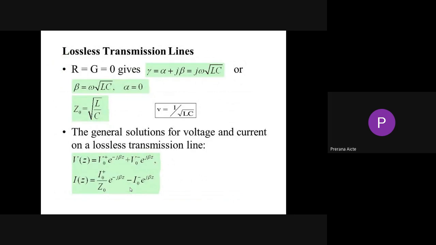If the transmission line is lossless, it means the resistance R and G components are equal to 0. Now substituting R equal to 0 and G equal to 0 in the previous expressions of the propagation constant and characteristic impedance.